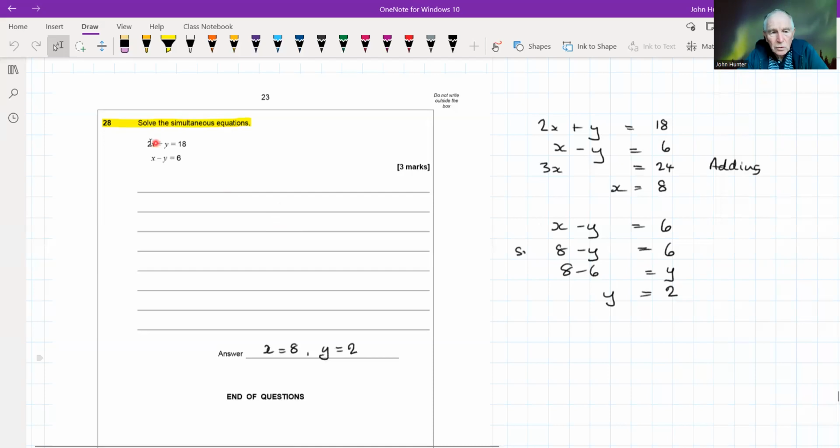So we could draw these and then find the point where they cross, and in fact that would be this point here. The coordinates 8 and 2. x equals 8 and y equals 2. So that's basically the graphical way of solving what we have just solved algebraically.